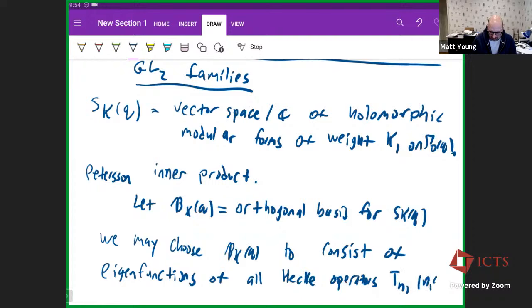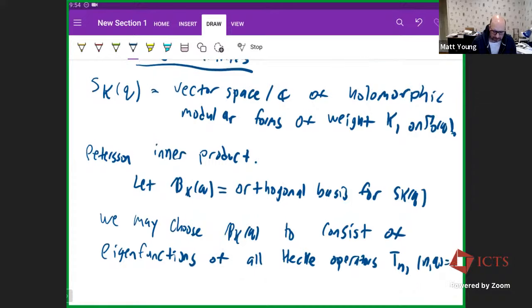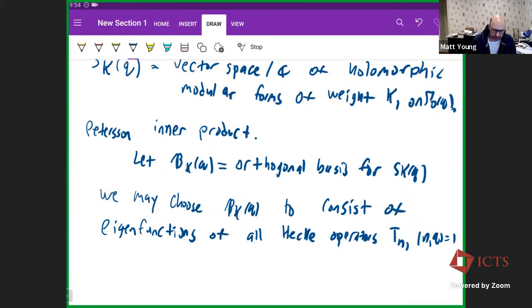The best we can really do in general is do this for all the n's that are coprime to q. For the primes dividing q, it's more complicated than that. But Hecke showed that there exists an orthogonal basis consisting of these eigenfunctions of the Hecke operators away from q.